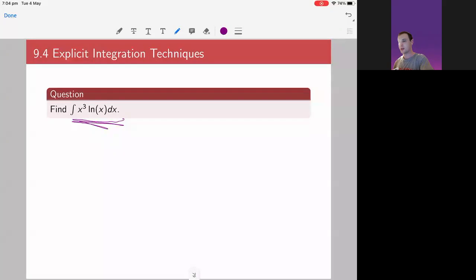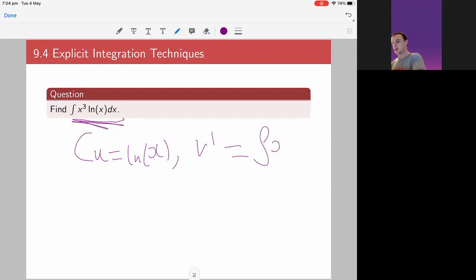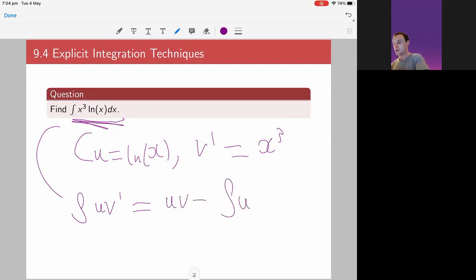So what I'm going to do is I'm going to let u be equal to the logarithm of x, and I'm going to let v dash be equal to x cubed, because then this integral is exactly u times v dash, and remember, integration by parts tells me that this is exactly equal to uv minus the integral of u dash times v. And the hope is that this integral is easier to deal with.